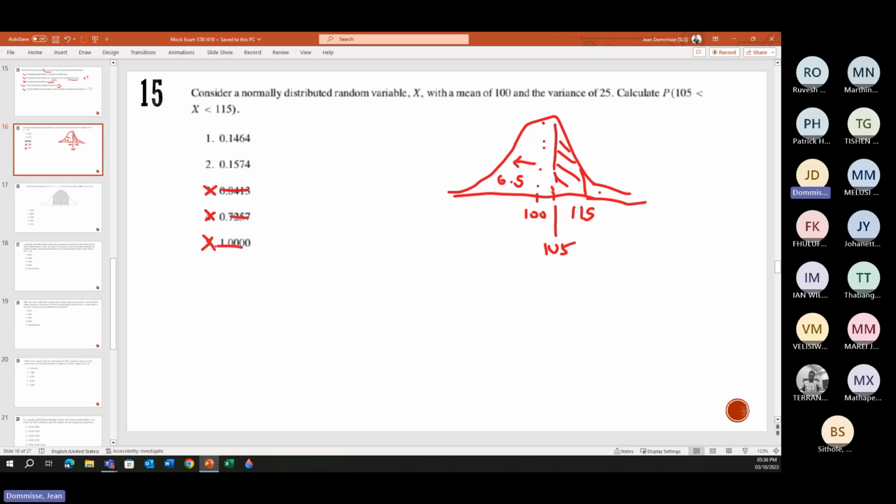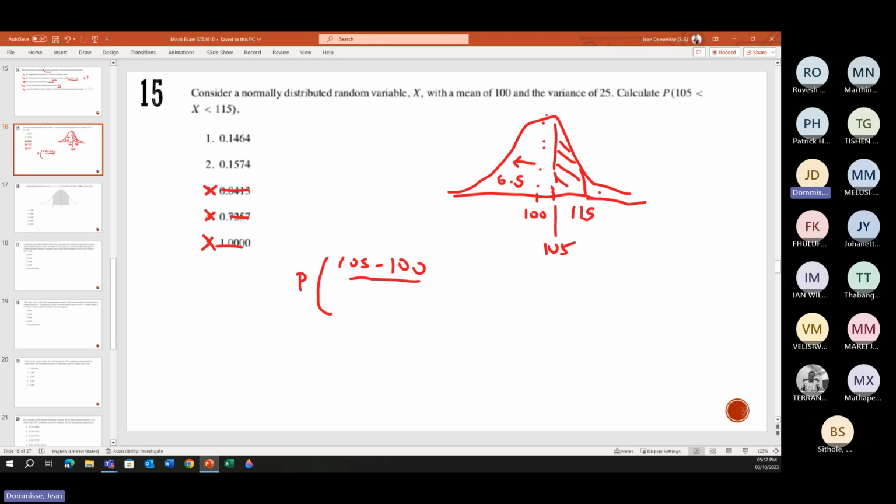So if I now needed to guess, suddenly you don't need to worry about 5 options. We have eliminated 3 of them already. But now unfortunately, to get it right, we will need to do the calculation. How I would write it, just to make a bit more sense, is to say, well, 105 minus 100 over the standard deviation.